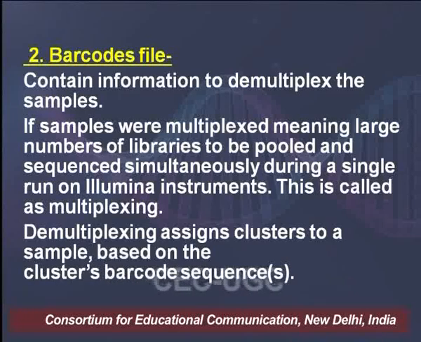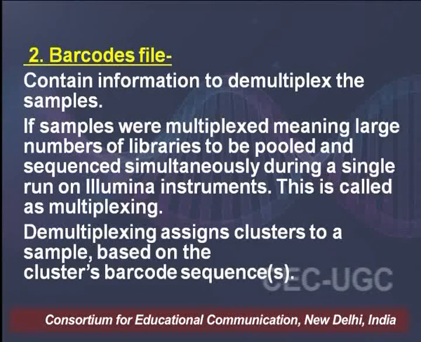They are pooled together and sequenced simultaneously. So we have to keep track of which sequence is coming from which sample. Multiplexing is when the samples are pooled together and sequenced simultaneously in the Illumina instruments.